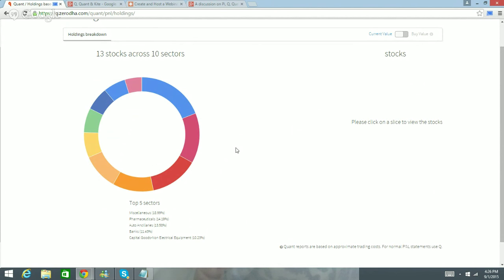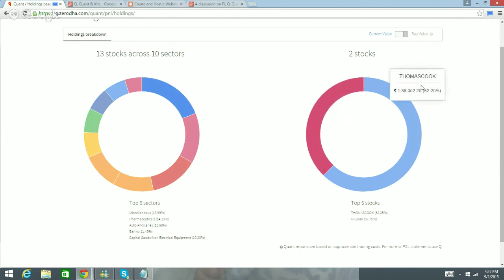You don't see one sector which has taken a lot of percentage weightage. Every sector has got 10 to 15%, so it is well diversified. You can click on miscellaneous, and it also shows the stocks and how much.